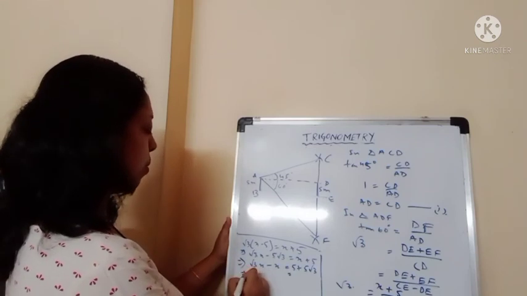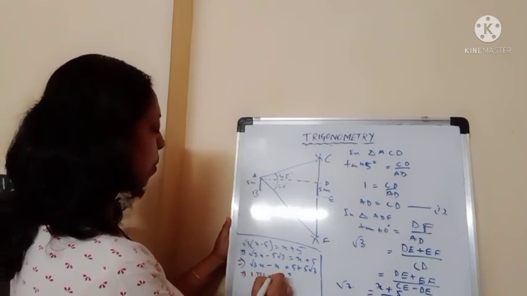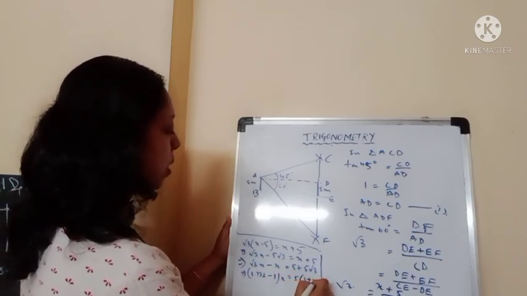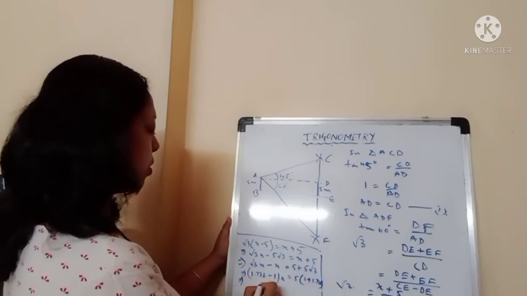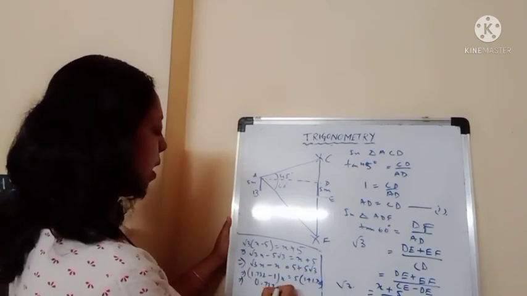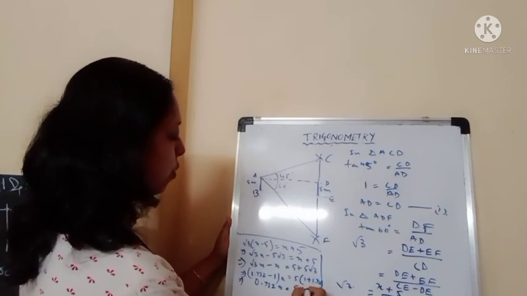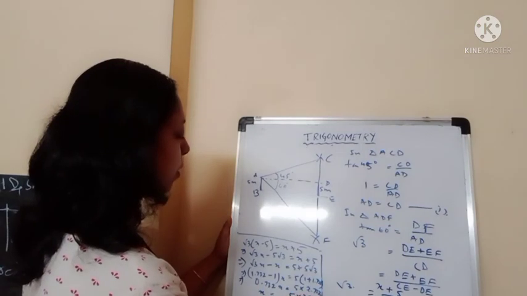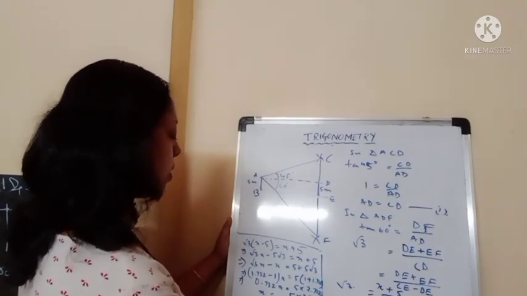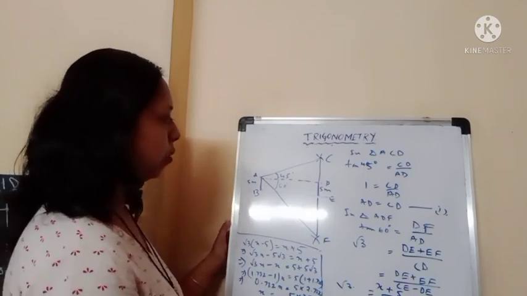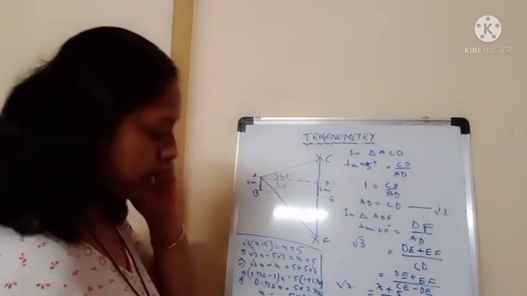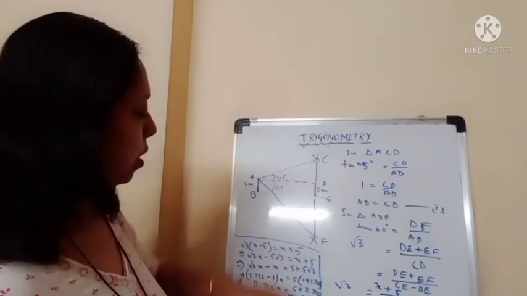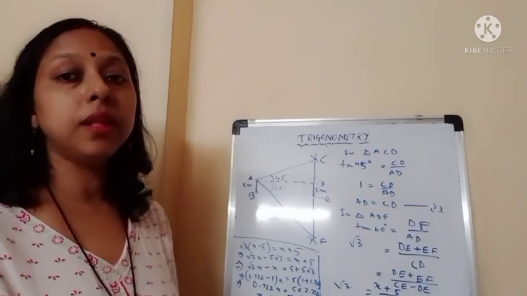So it is coming out to be (1.732 minus 1) x, and this one is 5 into (1 plus 1.732). So this is 0.732 x equals 5 into 2.732. So x is equal to 5 into 2.732 upon 0.732. This way you can calculate the value of X, that is the height of the tree. So if you calculate it, you can find the height of the tree.